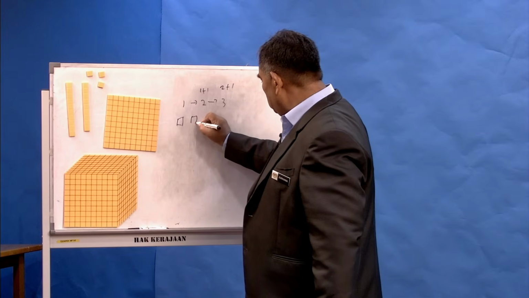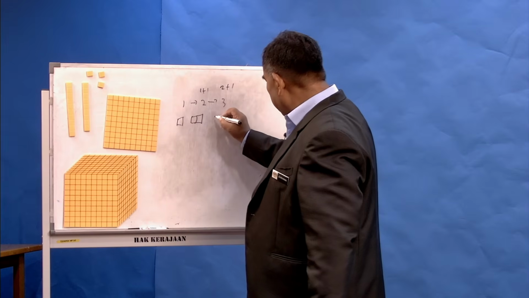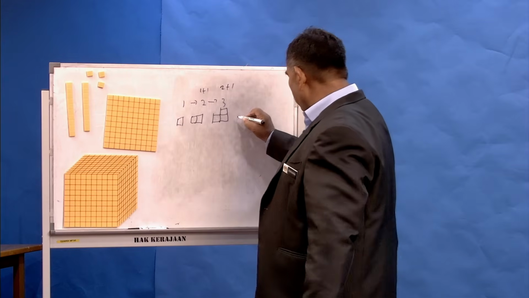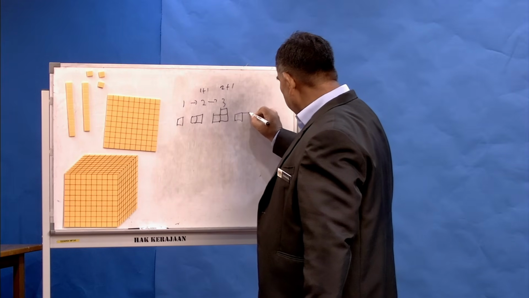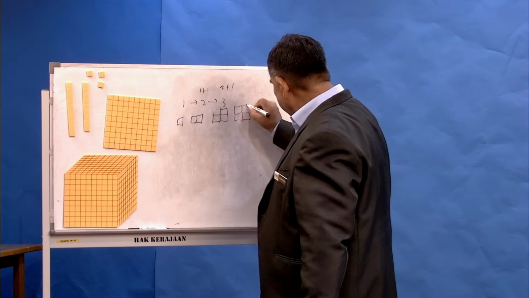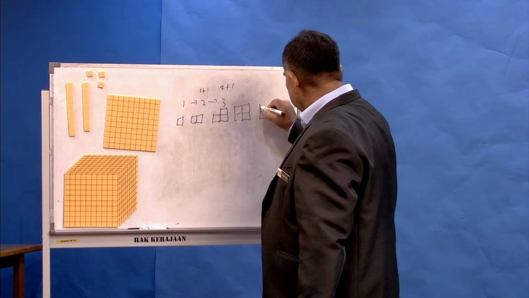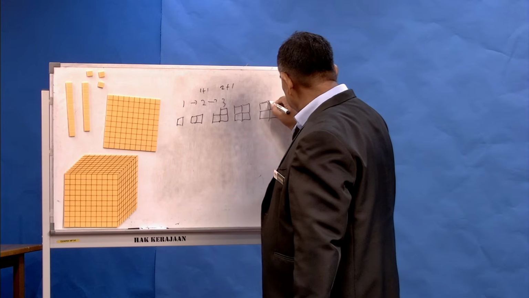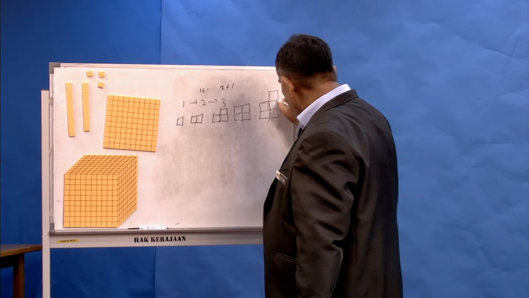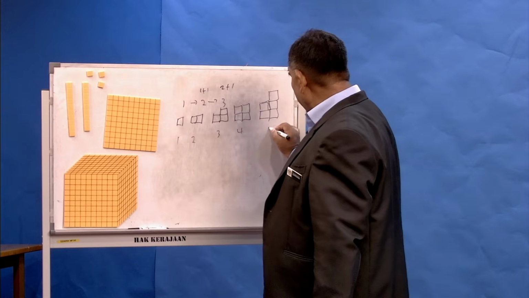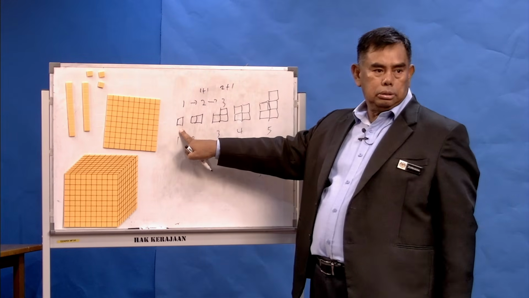If I draw here, I have 1, I have 2, and 3. I have 4. We ask the student to draw like this to see the pattern. And I have a 5. This is 1, 2, 3, 4, 5. This is an odd number.